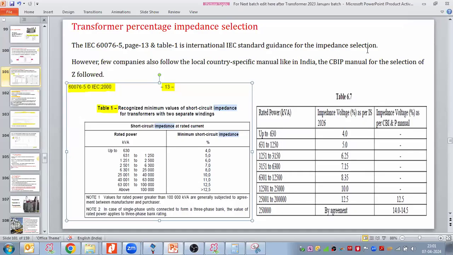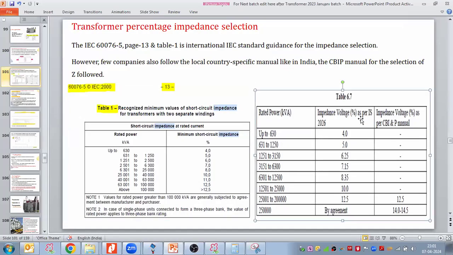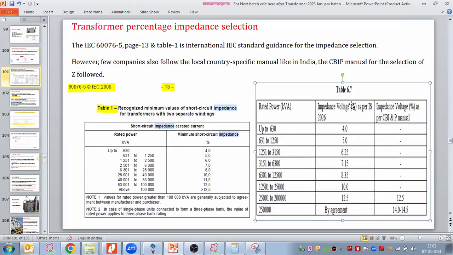A few companies manufacturing transformers in India sometimes follow the local standard as well. Like in India, the CBIP manual is sometimes followed for the selection of the percentage impedance.